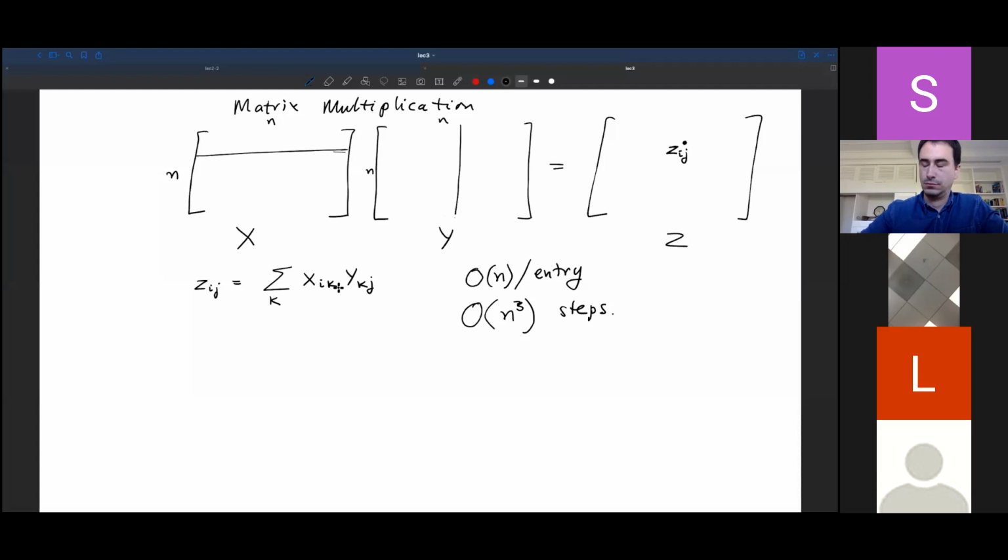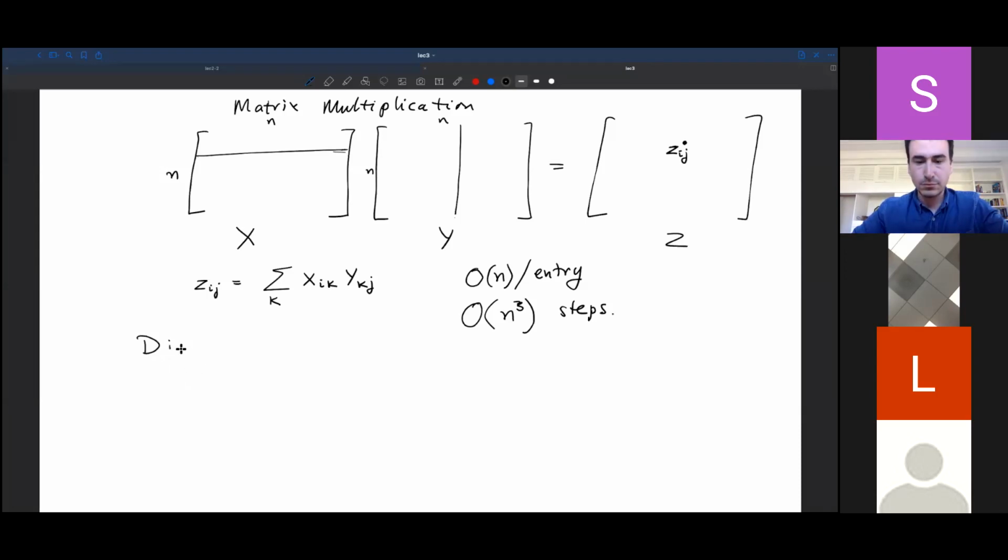So the basic operations you were allowed were additions and multiplications. What else could you possibly want? And they showed that using additions and multiplications, you cannot do it in less than n cubed steps. That's the best you could do. So let's see if we can do better with divide and conquer.